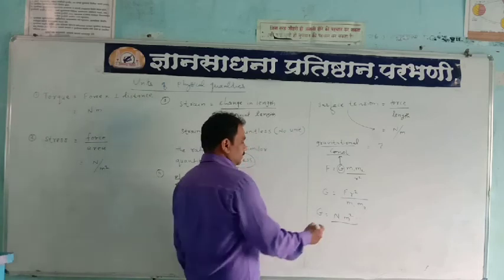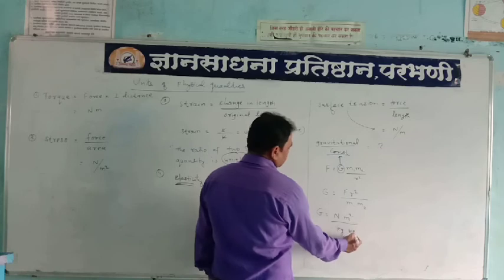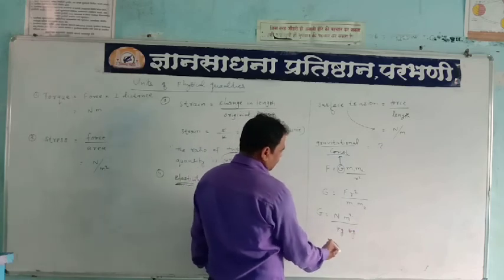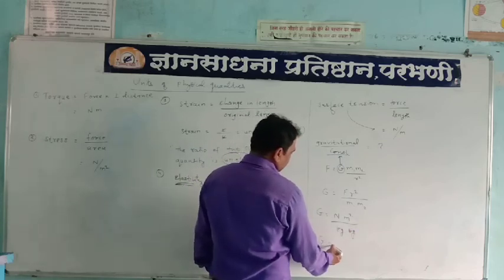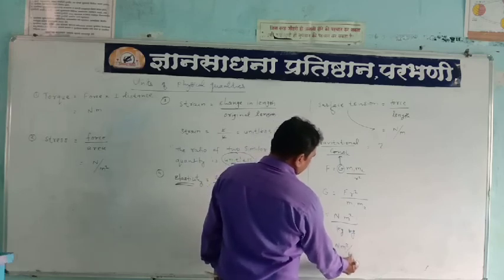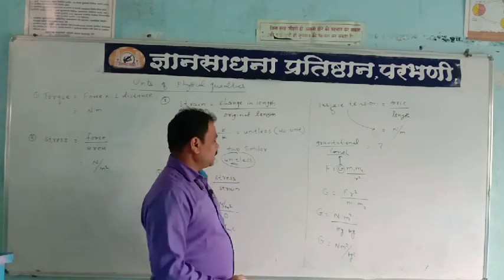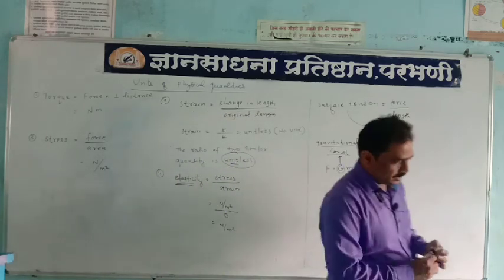We know the mass of the first object is measured in kg, into the mass of the second object also measured in kg. So what we will get here is G is equal to Newton meter square per kg square. Okay, so this one is the SI unit for the gravitational constant.